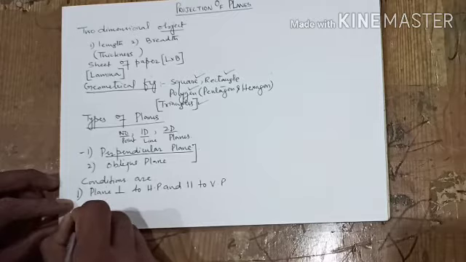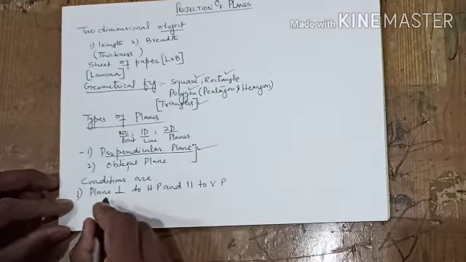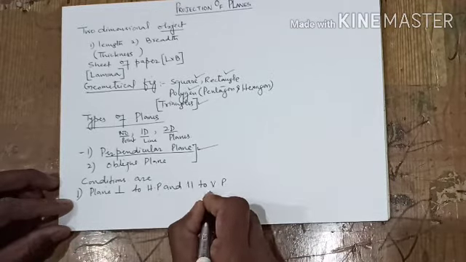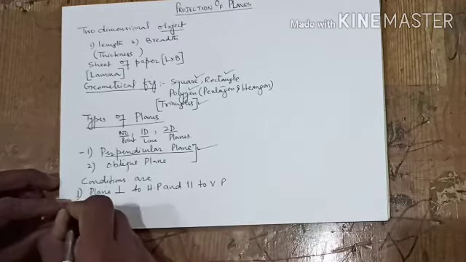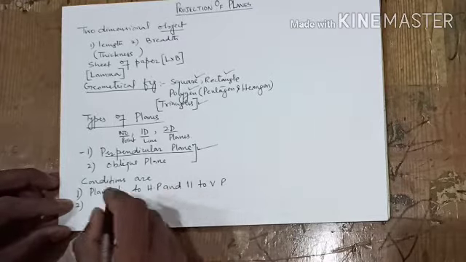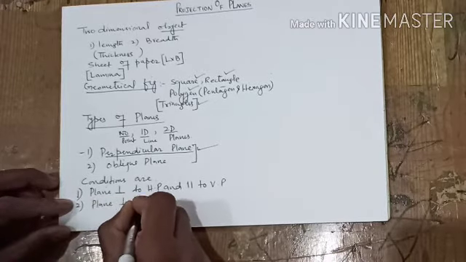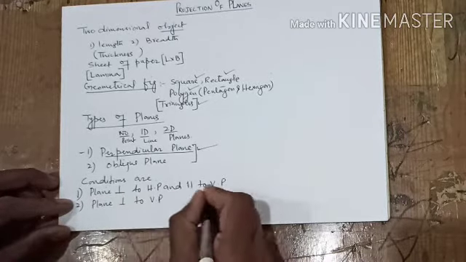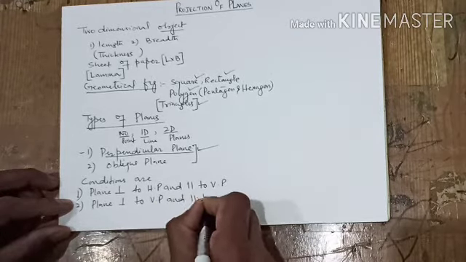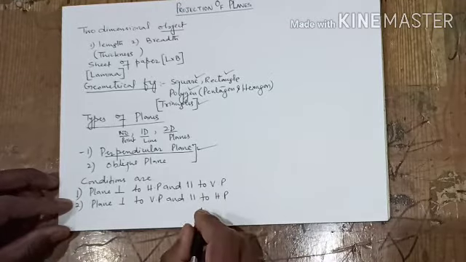The first condition is that the plane, which is a 2D figure, is perpendicular to HP and parallel to VP. Now let's take the opposite of this first condition. What is the opposite? Plane perpendicular to VP and parallel to HP. So this is another condition.